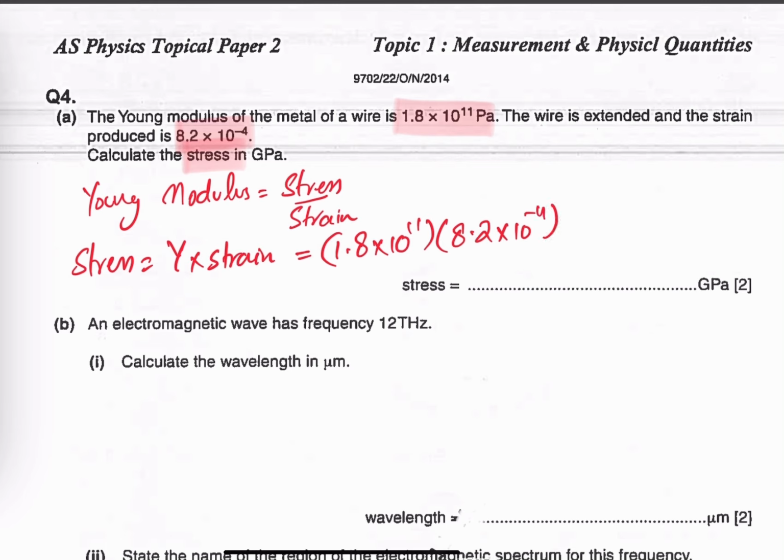Multiplying both of them, you get 1.476 into 10 raised to power 8, which is converted into gigapascal, 0.148 gigapascal, because you have to write it in these units.